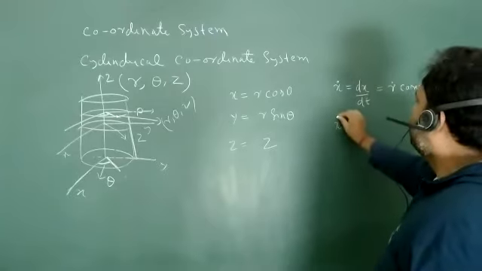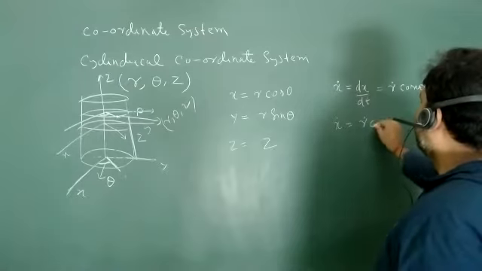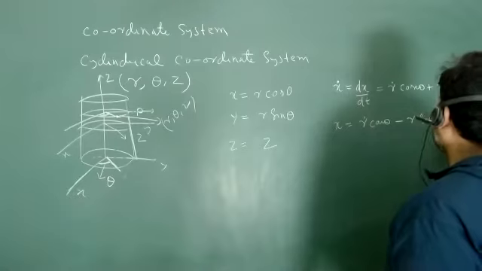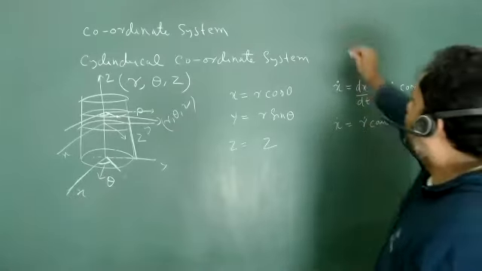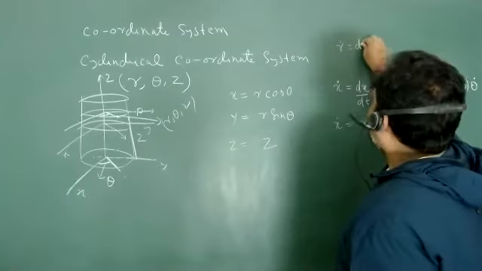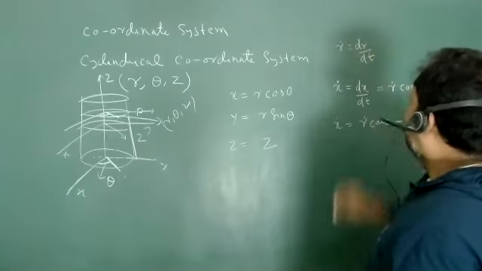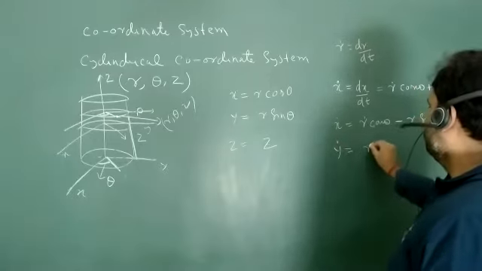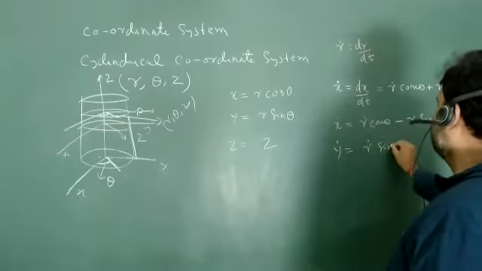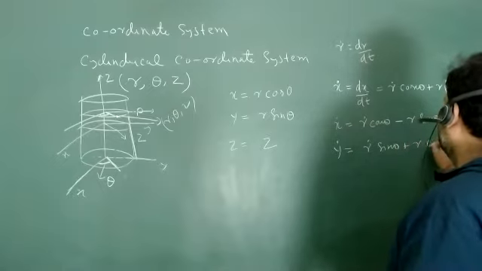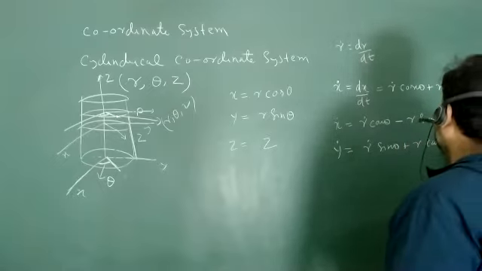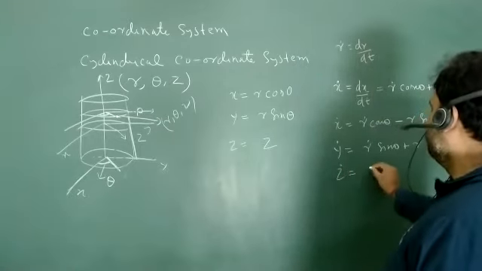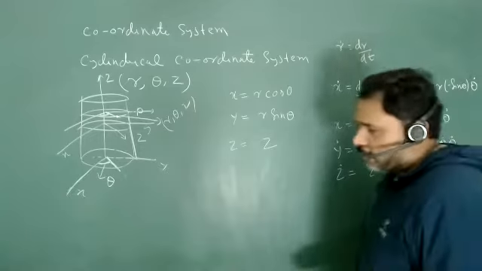So x dot is r dot cos theta minus r sine theta theta dot, where r dot is nothing but dr by dt. Similarly, y dot is r dot sine theta plus r cos theta theta dot, and z dot is nothing but z dot.